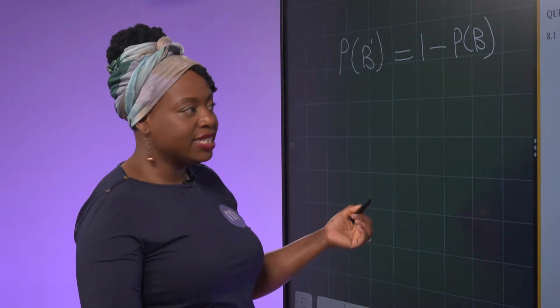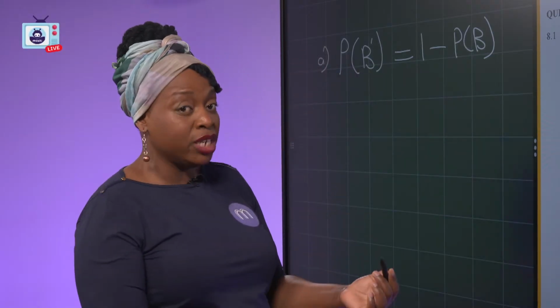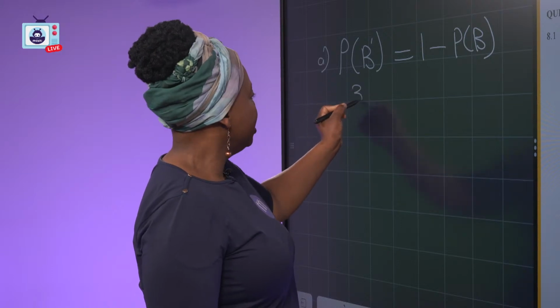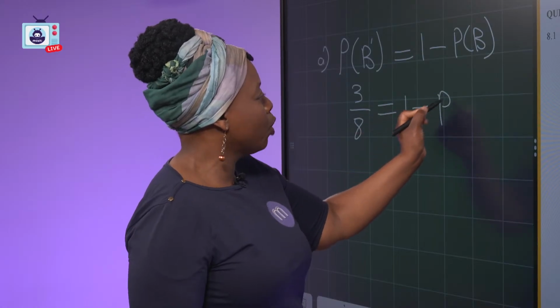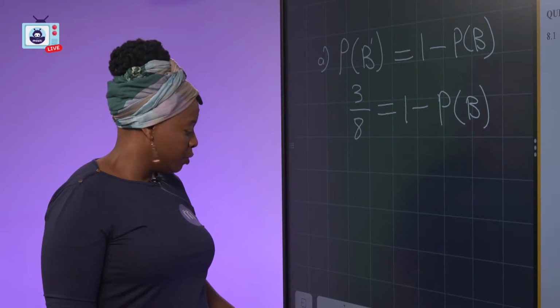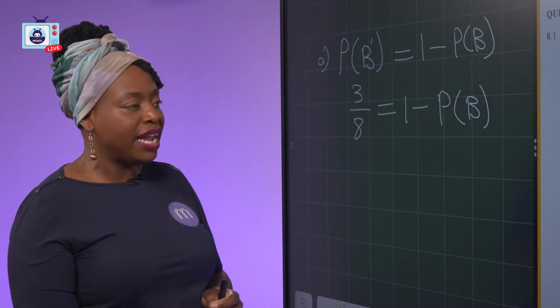So let's write it that way. So for question A, we already have the way to go. Now here we're going to put 3 divided by 8 equals 1 minus the probability of B, which is what we are looking for, right? So I need to try and have the probability of B by itself.